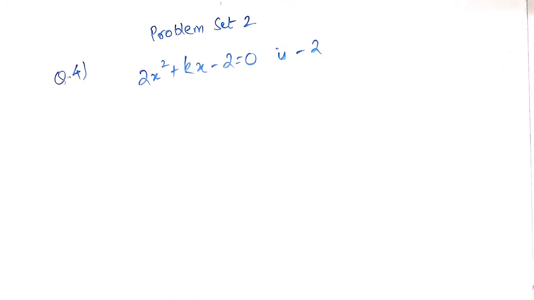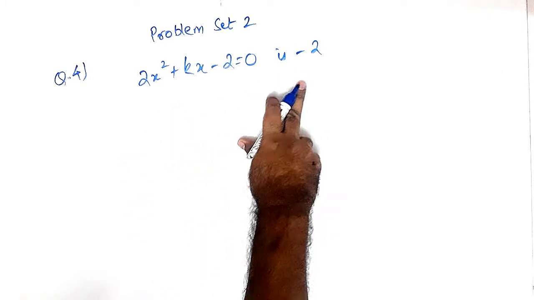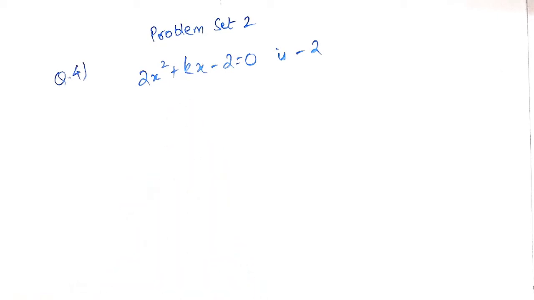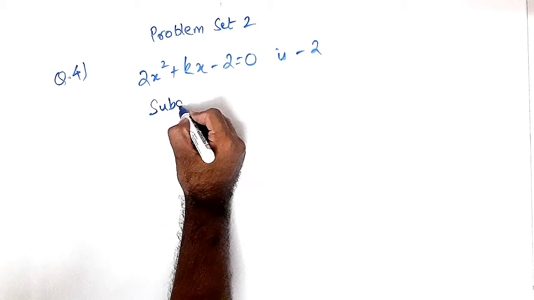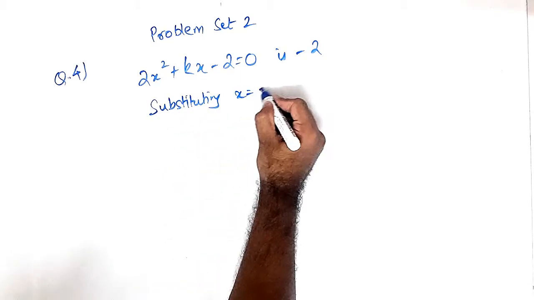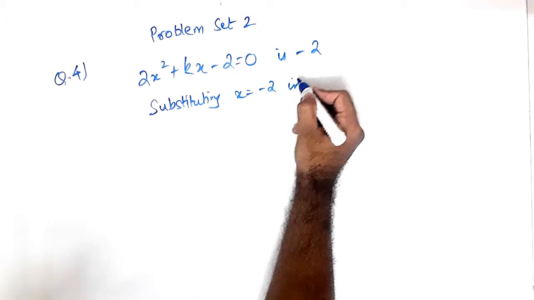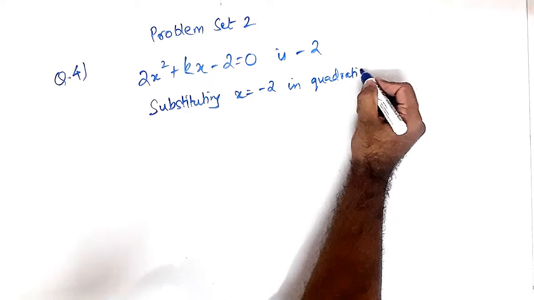Question number 4 says that if one of the roots of the quadratic equation is minus 2, find the value of k. It is very simple. What you have to do is substitute x equals minus 2 in the quadratic equation.